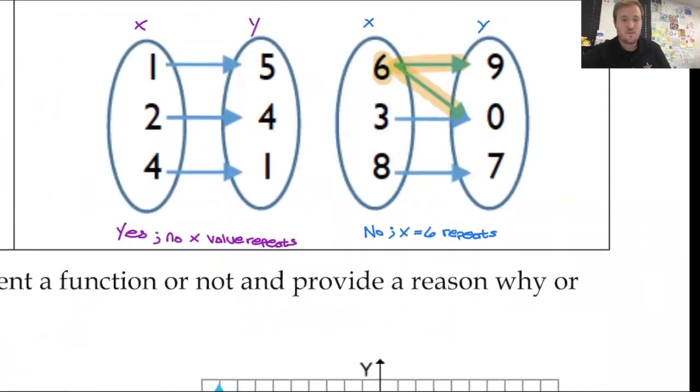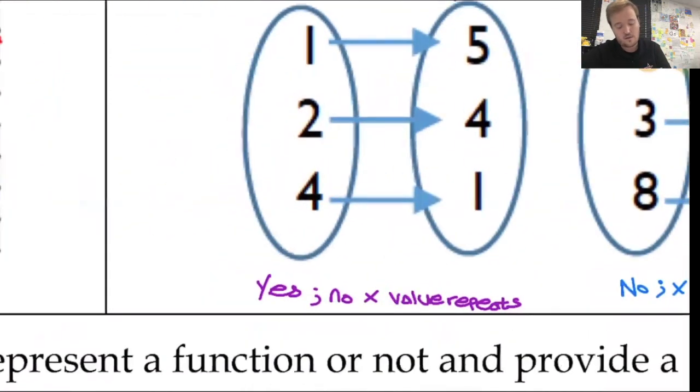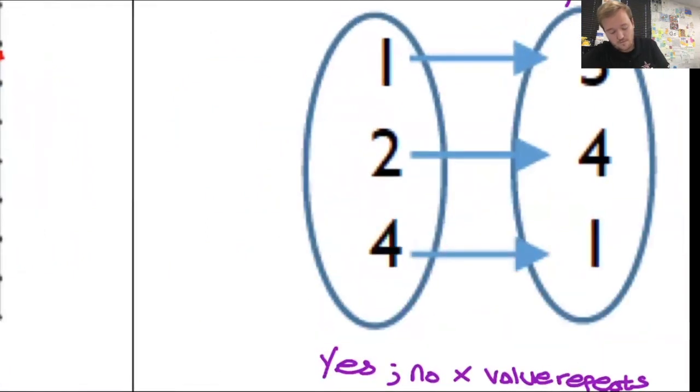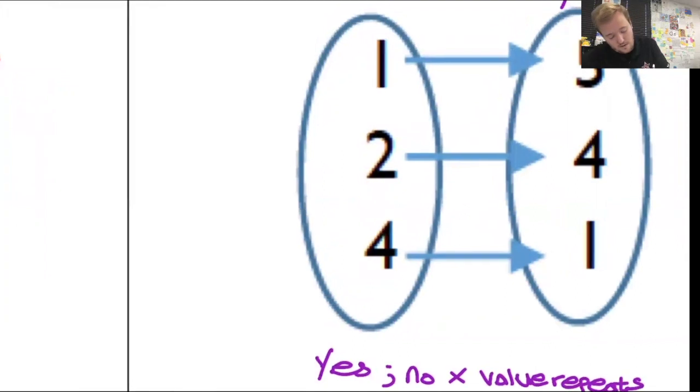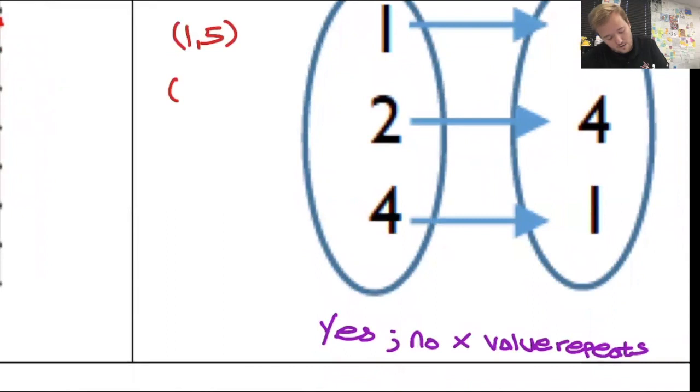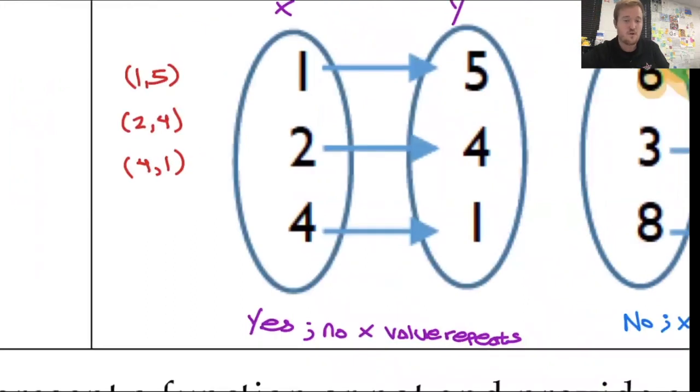Okay, just some little clarification for you, just in case. Over here, if I were to write this first one as a coordinate, this would be 1, 5. Then my next coordinate would be 2, 4. My next coordinate would be 4, 1. Those are all of those coordinates.